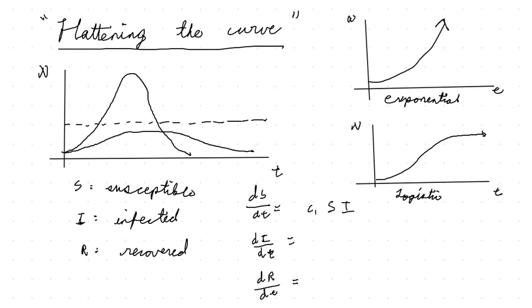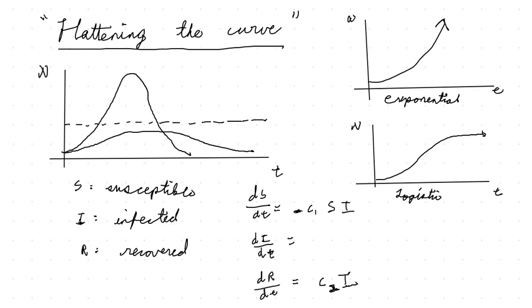For example, maybe after 20 days, the average person recovers. So we're going to have a constant times the number of infected people. Let's make it constant 2, times the number of infected people. Also we know that dS over dt, S is getting smaller, so we actually need a negative sign here. And dR over dt is getting bigger.